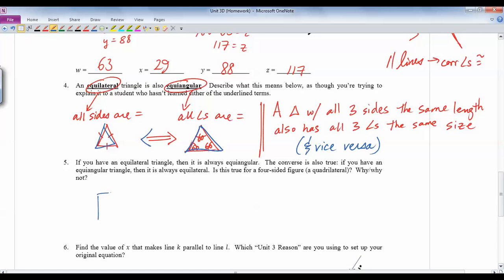If you draw a square, all 4 sides are the same and all 4 angles are the same. So that's an example that would make you think, yeah, this works. But it's not generally true. It's not usually true. Not generally true for quadrilaterals.